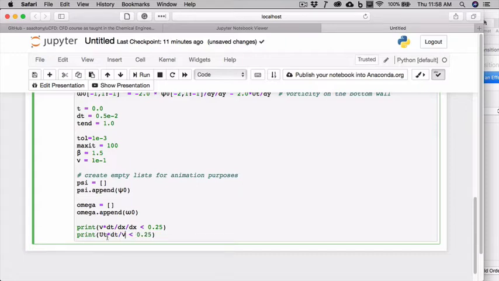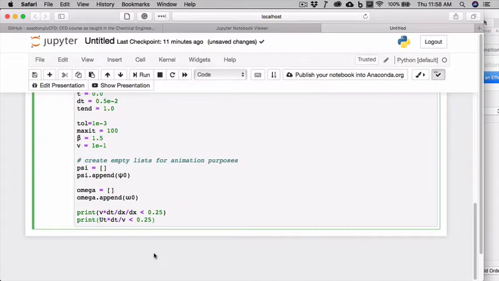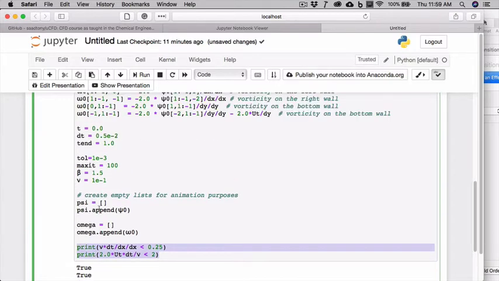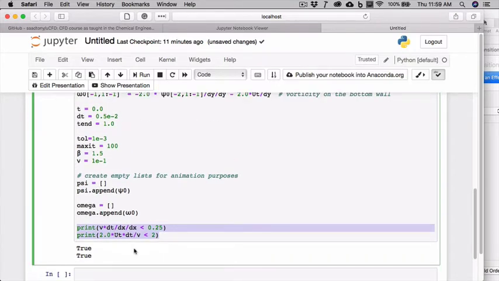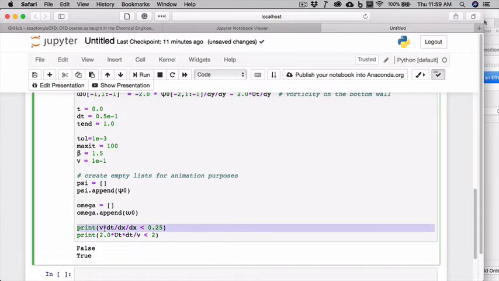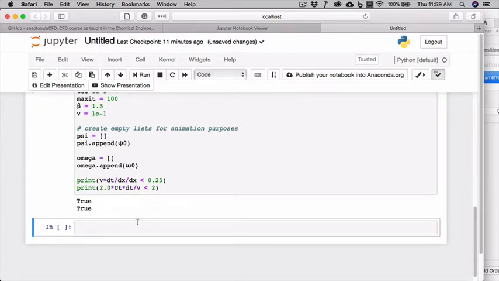Really, this should be the local velocity, so u plus v. But I'm going to multiply this by a safety factor of 2, and that should be less than 2. So with these choices, these two statements are true. So this choice of delta t and delta x satisfies the linear stability conditions. If you went to 1 e to the minus 1, this one fails, so very likely you're going to diverge. So I picked my delta t based on these conditions, at least as a start.